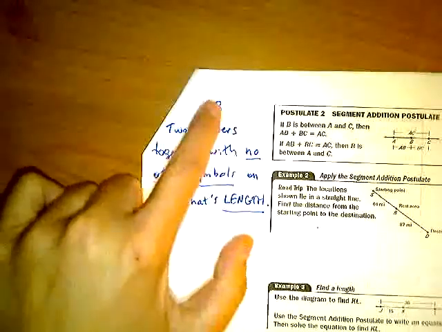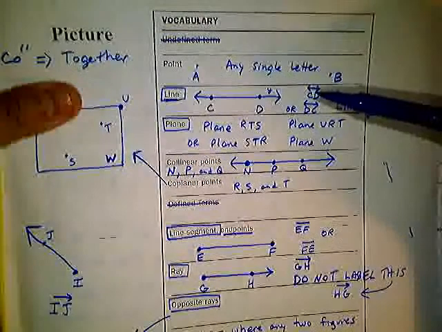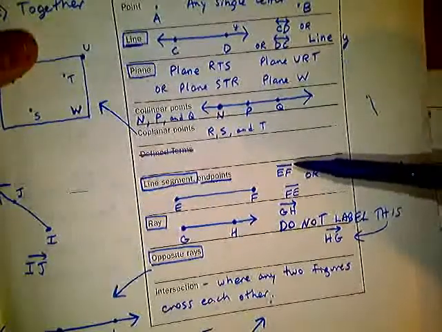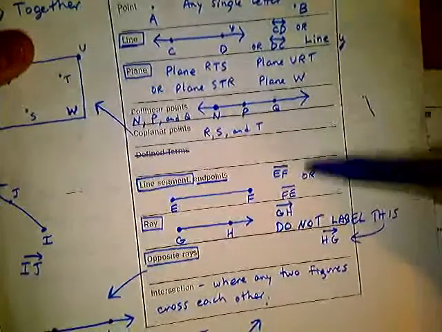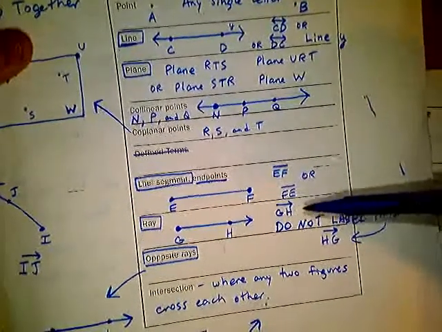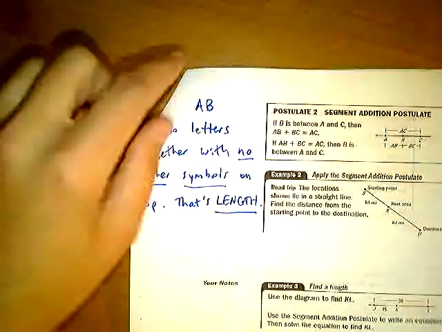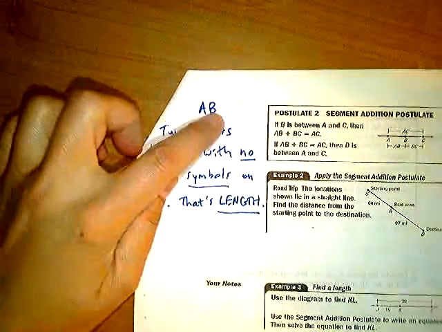This is just 2 letters with no symbols on top, whereas if you want to talk about the name of a line, you'd have to write it like that. Or a line segment, you'd have to write it with this symbol on top. Or a ray, with that symbol on top. So these 3 names, lines, line segments, and rays, are written with symbols on top. But when there's no symbol on top, it simply is talking about how long something is between A and B positions.